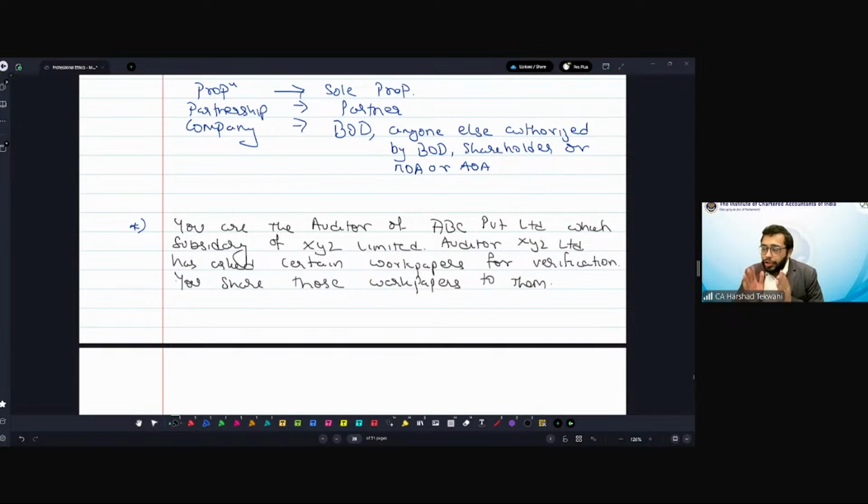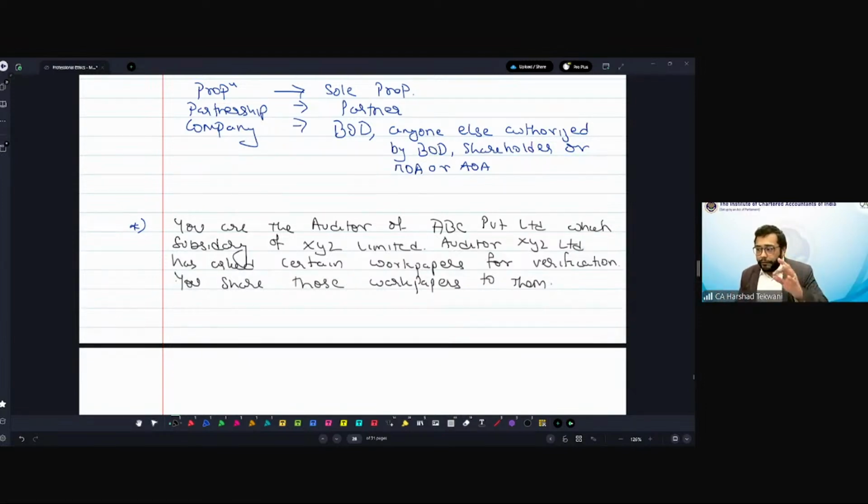Sharing of work papers is generally not required, because work papers may contain additional details which might not be required or asked by the auditor. And in that case, if something confidential is being disclosed, again, clause 1 may get attracted. So you have to be very careful when you are sharing the work paper versus sharing the information.